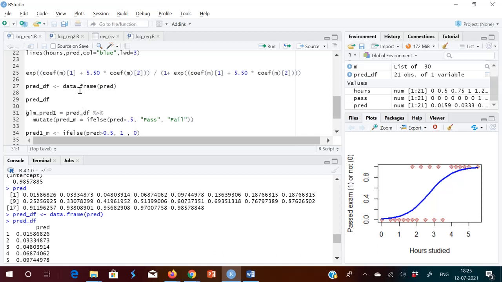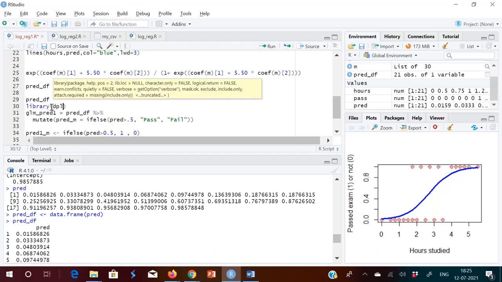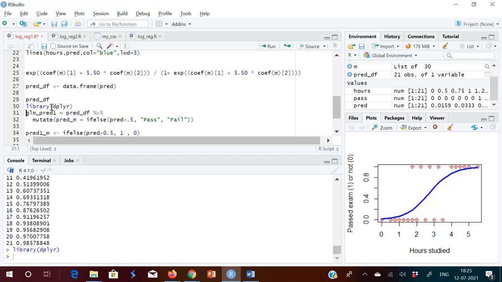From this data frame, you have to load the library to get this function, and then only it will work. I'm going to write pass whenever the value is greater than 0.5, and fail whenever it is less than 0.5.